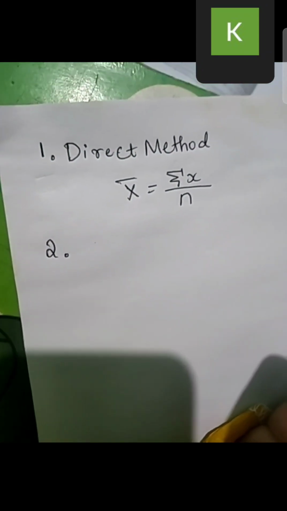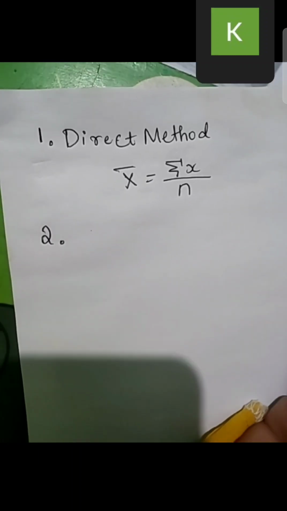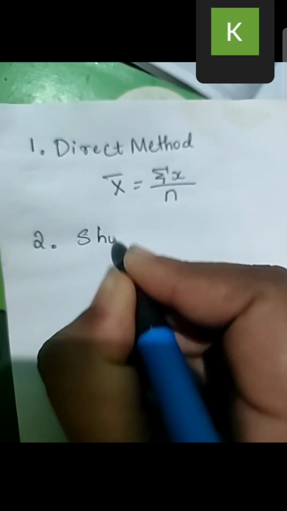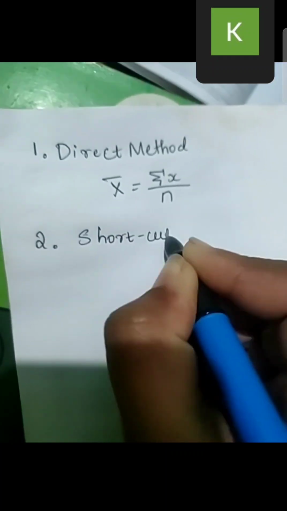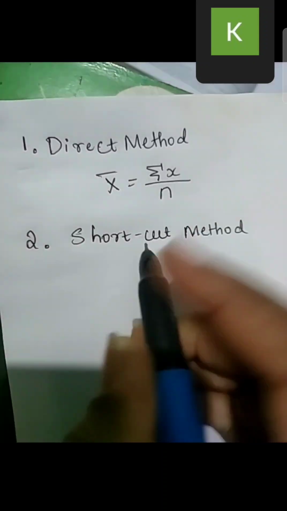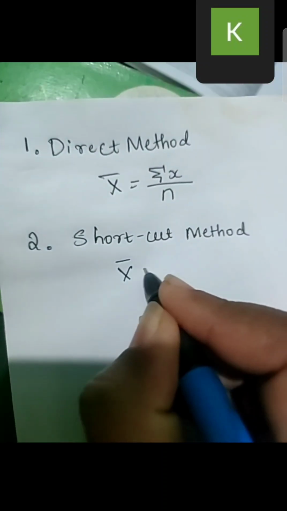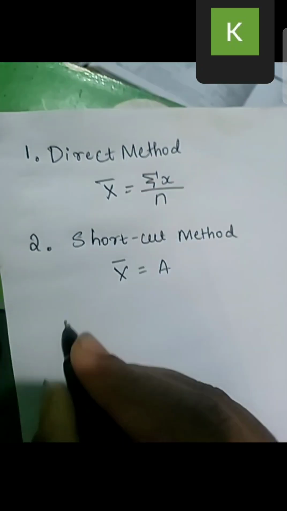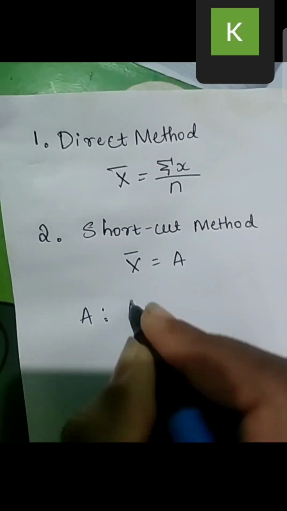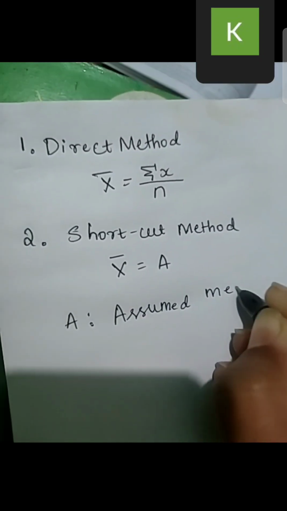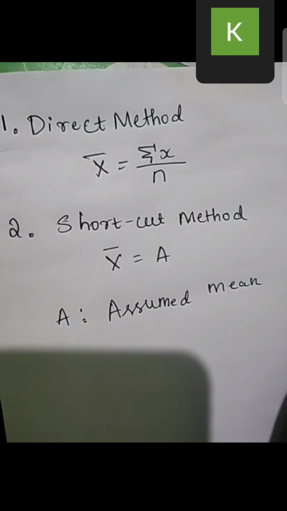For the same individual series, the second type of calculation we will be doing is the shortcut method. In this shortcut method, x bar is equal to A, where A means assumed mean.